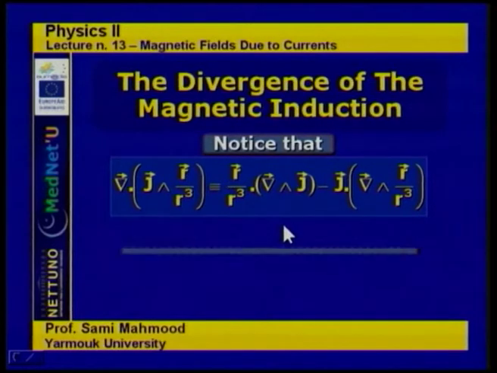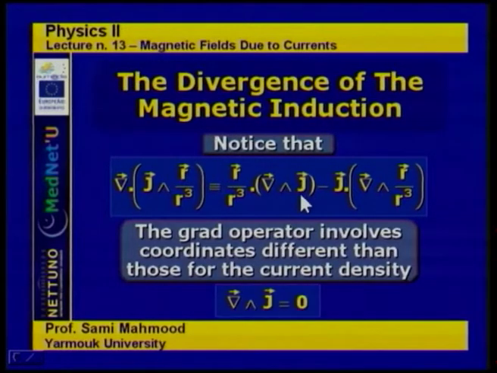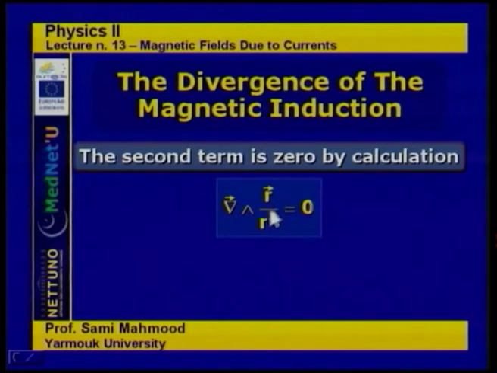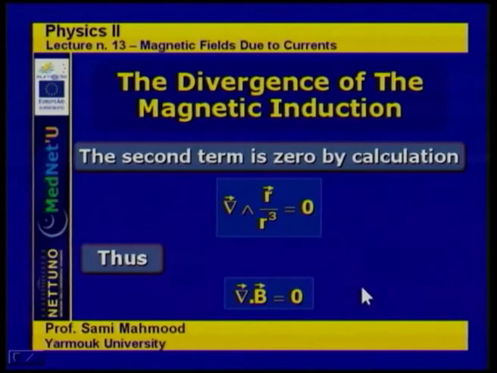We notice that the divergence of J is equal to 0 because the coordinates of the divergence are different from those of the coordinates of J, and the divergence of this quantity R over R cubed is equal to 0 by calculation, which will lead to div B equal to 0.